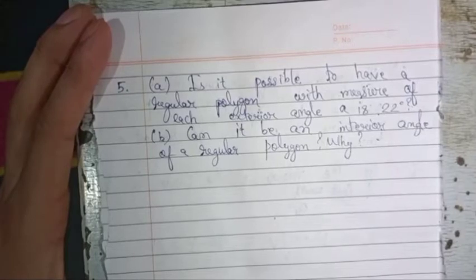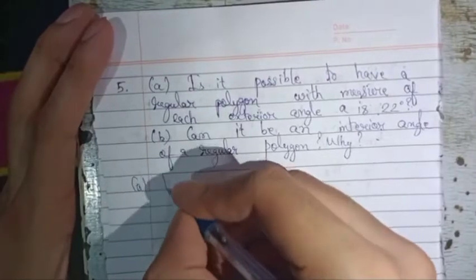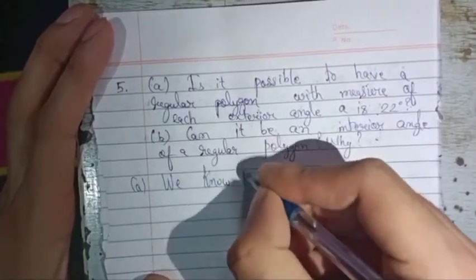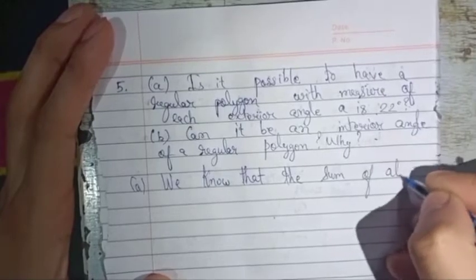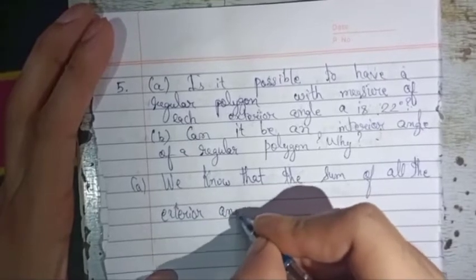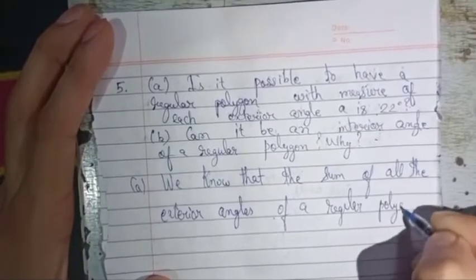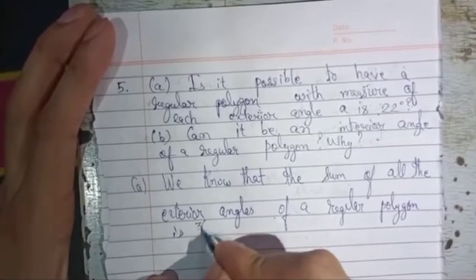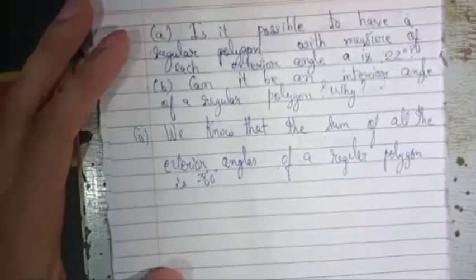To find out the possibility, we must know the number of sides of that polygon. To calculate the number of sides, we will divide 360 by 22. As we know, the sum of all the exterior angles of a regular polygon is 360 degree.